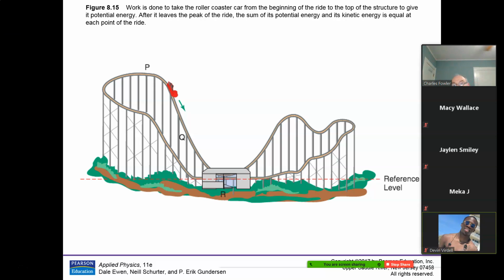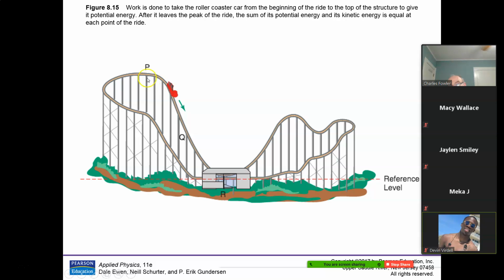Work is done to take the roller coaster car from the beginning of the ride, which is down here, to the top of the structure here. Whatever your setup is, whatever is pulling you up there, that's work being done. What is the amount of work? mgh.